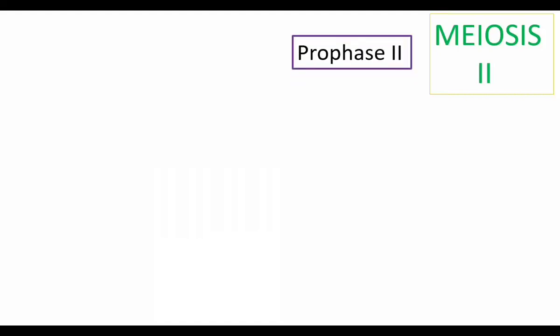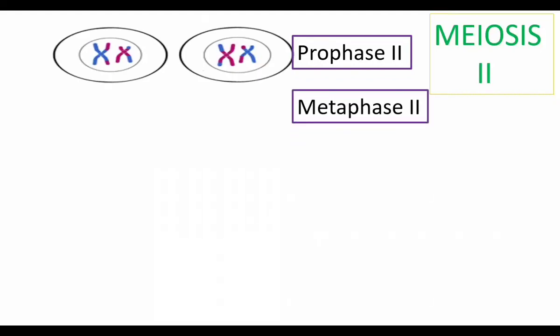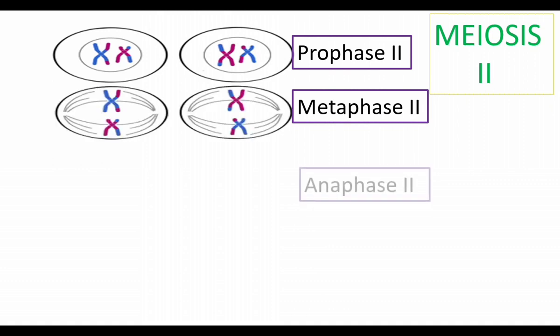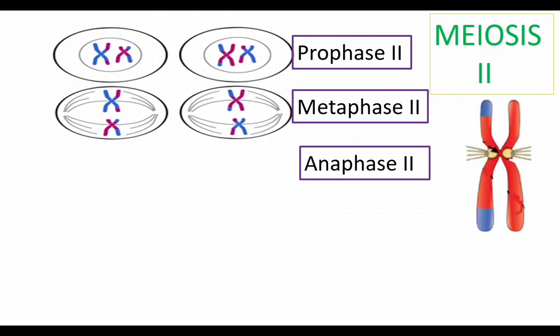In meiosis II, the first stage is prophase II. In prophase, the chromosomes appear. In metaphase, the chromosomes are arranged at the middle of the cell. In anaphase II, the centromere splits, so the daughter chromatids are separated.